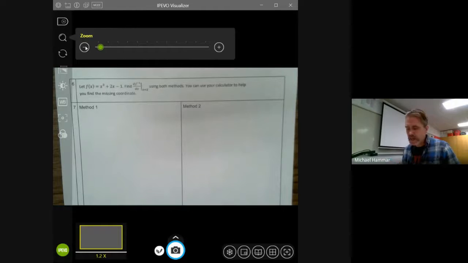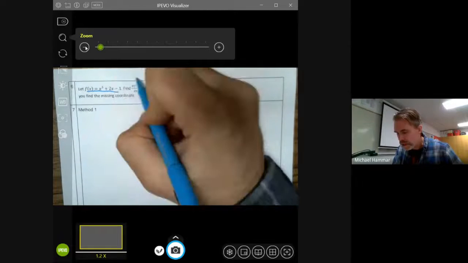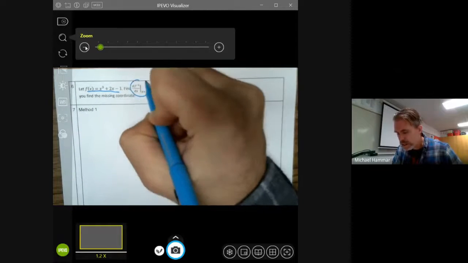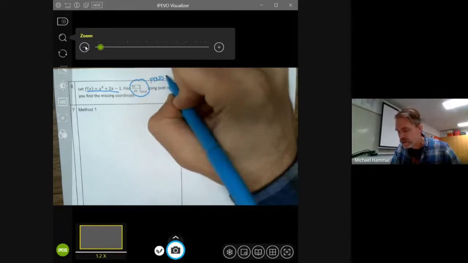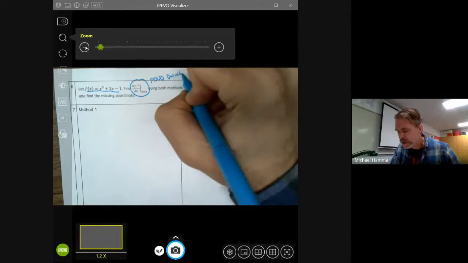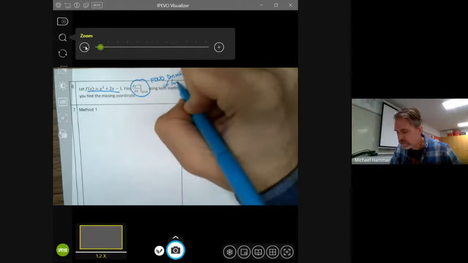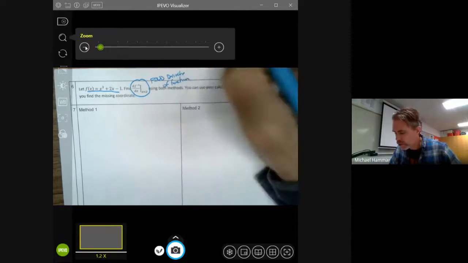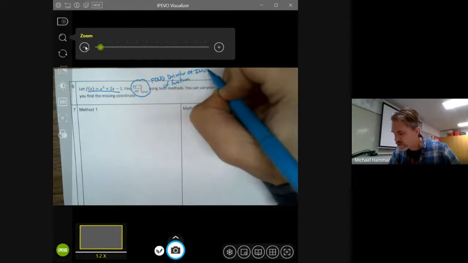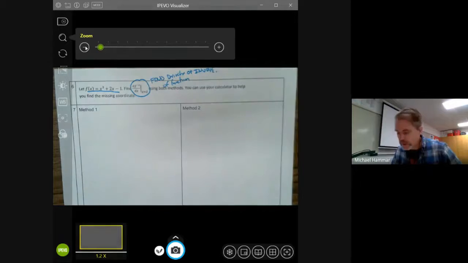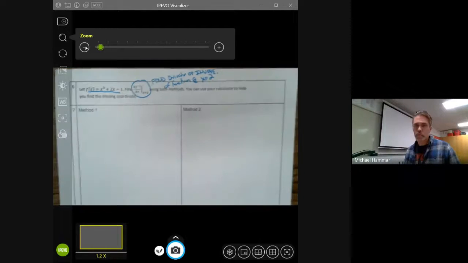It says, let f of x equal this function. And what this says is to find, again, the derivative of the inverse of the function at x equals 2.